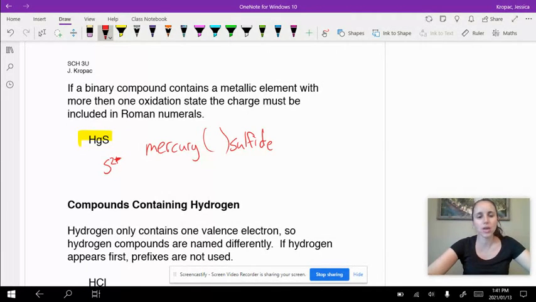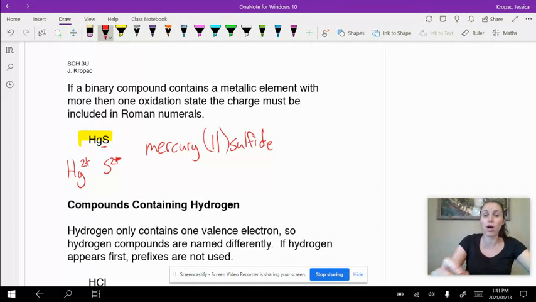Now, I don't see a 2 listed next to mercury when there should be, based off the crossing over rule. The only reason there wouldn't be a 2 there is if mercury had the same charge and was also 2+. So in this case, we know mercury must be 2+ in order to cancel out that 2 negative. This would be mercury(II) sulfide.